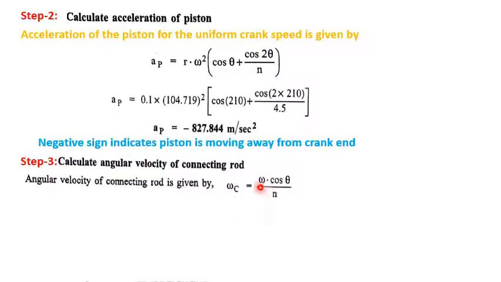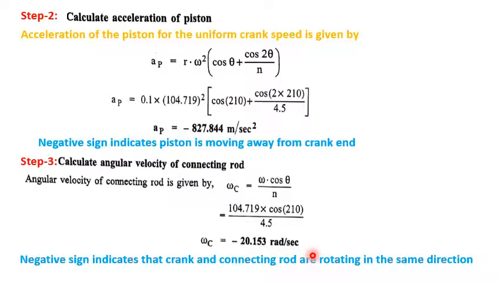Omega value we got is 104.719, theta is 210, n is 4.5. Substitute all the values and simplify it. After simplifying, we got the angular velocity of the connecting rod omega c as minus 20.153 radians per second.